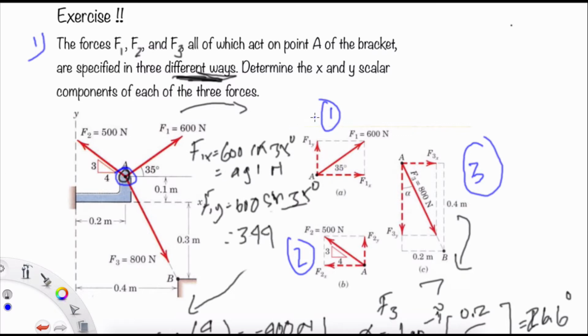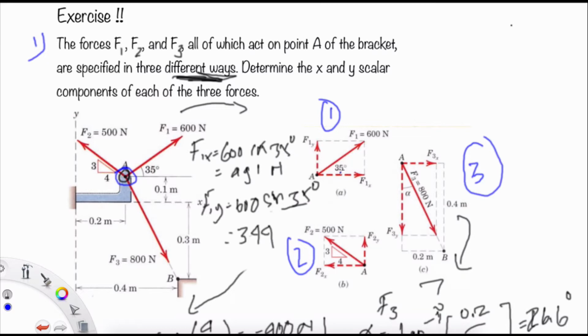Firstly, we have to solve F1 in the x direction and F1 in the y direction. So we have to find the component of F1 in the x direction, and also F1 in the y direction. For F1 in the x direction, we can use this formula: F1x is equal to 600 cos theta.